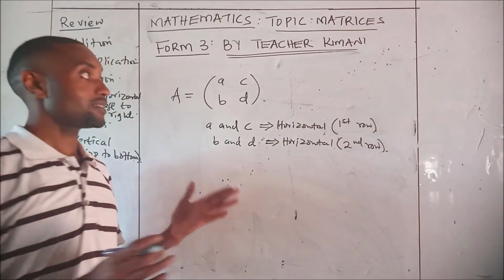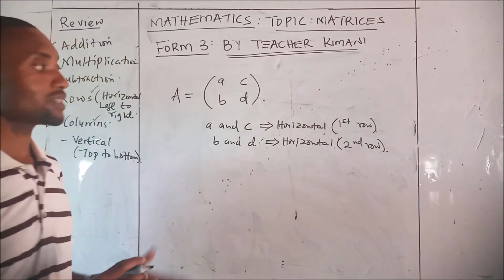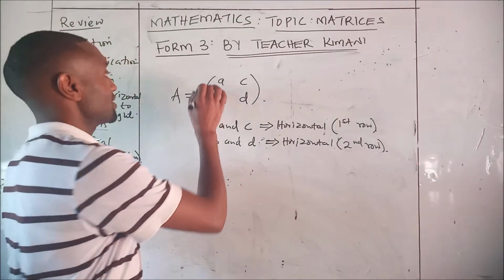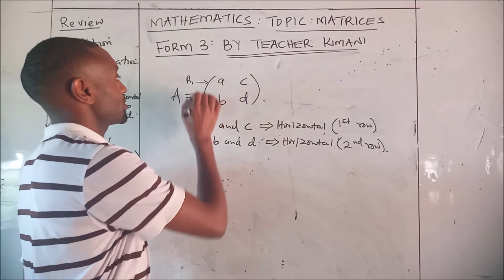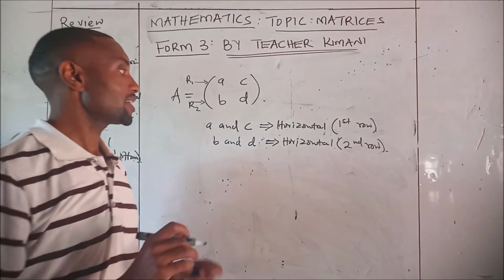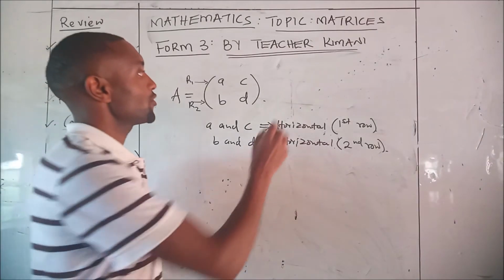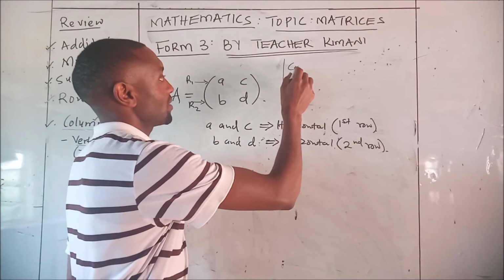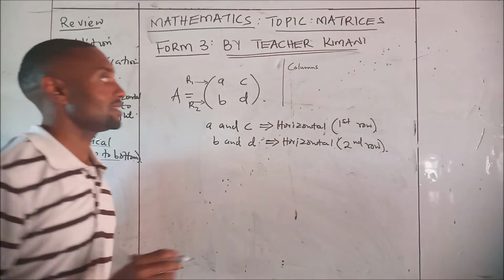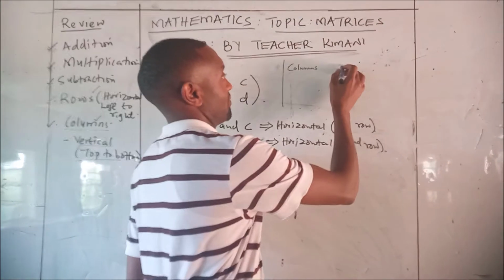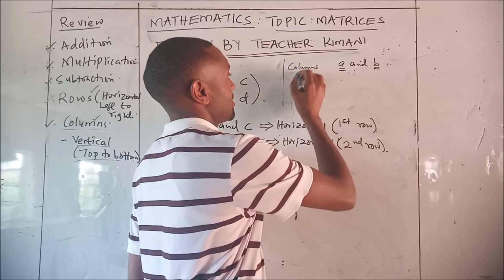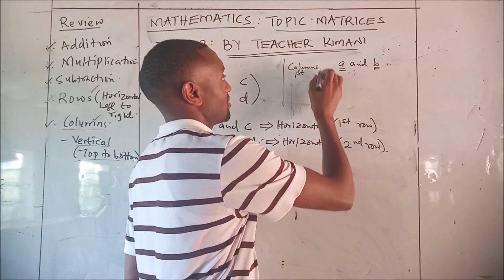Again, because we have said a matrix is defined by rows and columns, we need to look at what our columns are. Since we have said our first row is this one and our second row is this one, we need to identify columns now. If we say what are our columns, we have A and B arranged vertically. That gives us our first column.